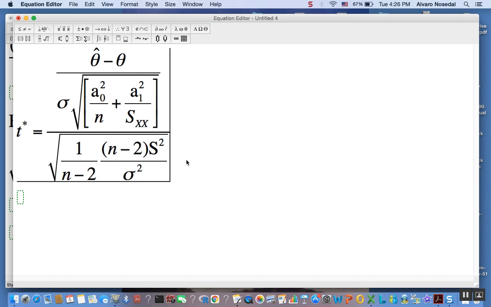Now note the first simplification that we're seeing here: n minus 2, n minus 2. So this turns into S squared divided by sigma squared, and the square root of that is just going to be S divided by sigma. You guys agree?